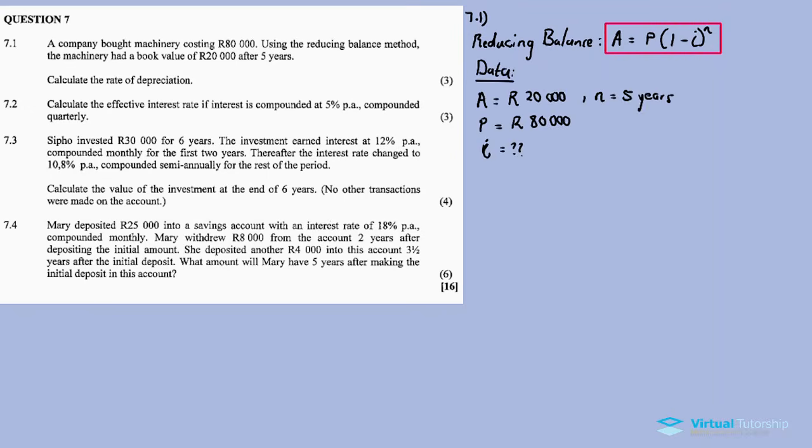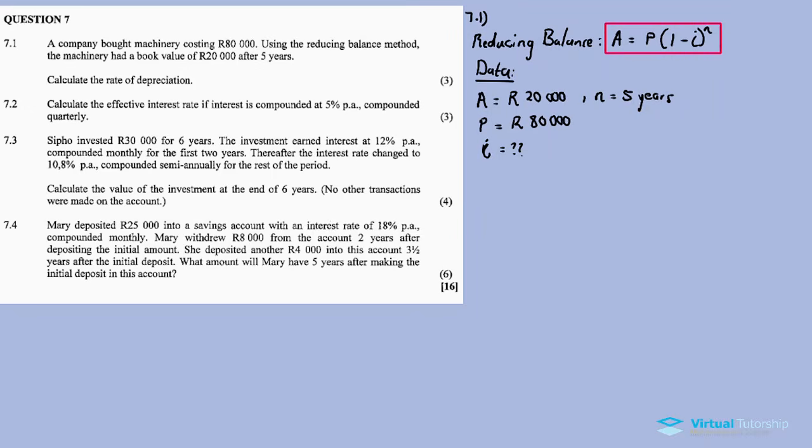By the way, a book value is what? A book value you represent with A. The present value or the cost value is always P if ever you use the reducing balance formula. So the book value, the value for A, is 20,000, the costing is 80,000 rand, n is the number of years, and we want i in this case.